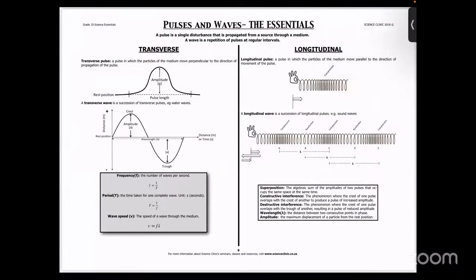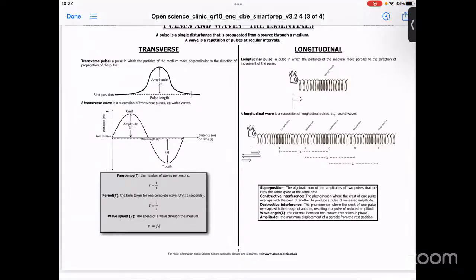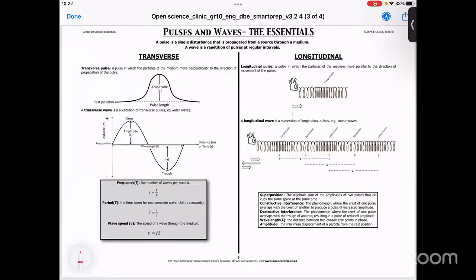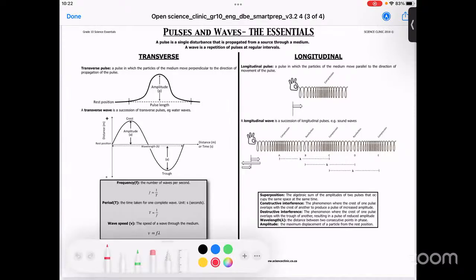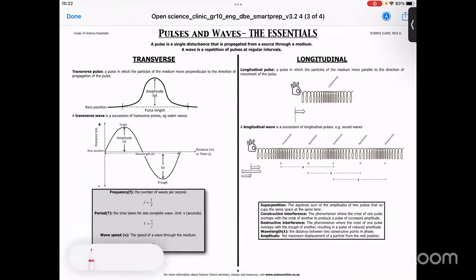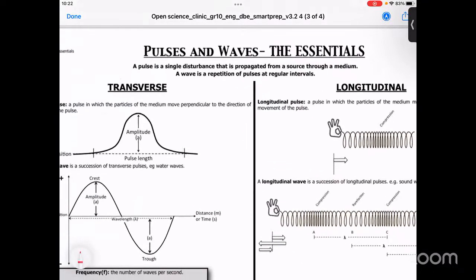Okay. It looks like we are going to conclude the introduction of this topic, pulses and waves. So let's quickly summarize. You need to remember that a pulse is just a single disturbance that is propagated from a source through a medium.